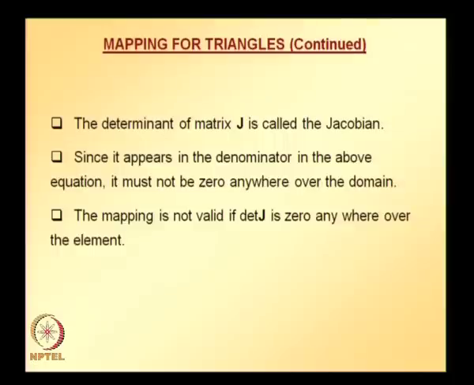So, these points are similar to those for the quadrilateral element that we already looked at. For 4 node and 8 node quadrilateral elements, the validity check we already performed. So, similar points we already took care of for those elements. So, the same points are valid here. So, with this we will continue in the next class.